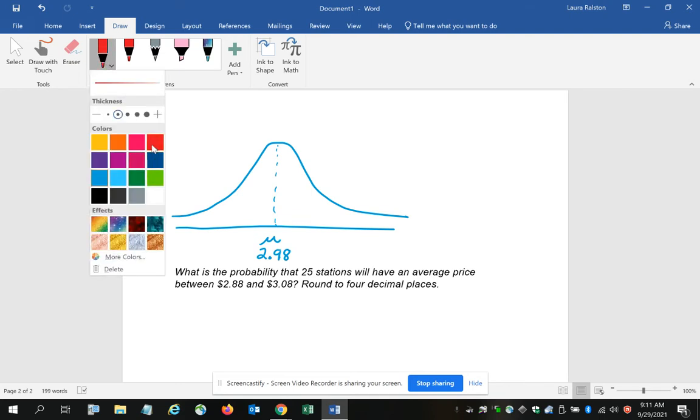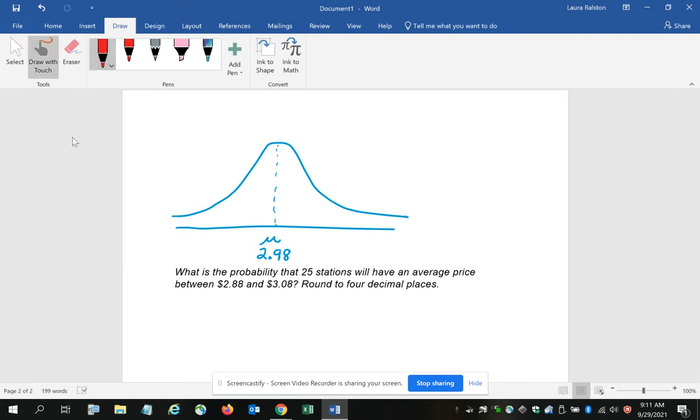In this case, I want to consider if my gasoline price is between $2.88 and $3.08, and I want to be between. So I'm looking for this red shaded region between those two numbers. In Minitab, they call this the middle.